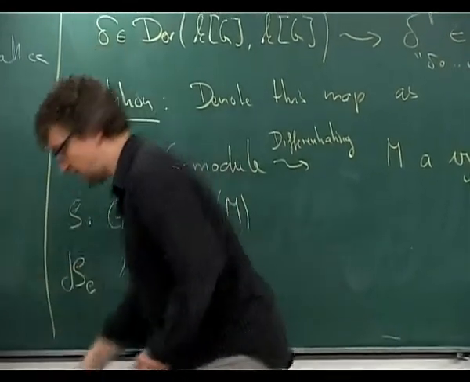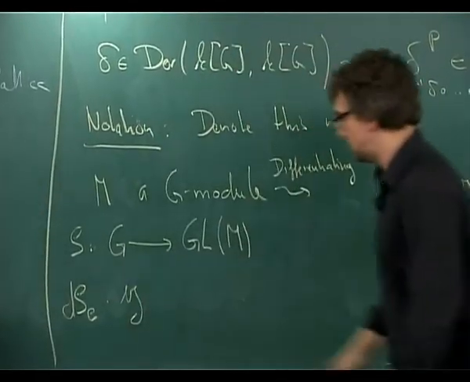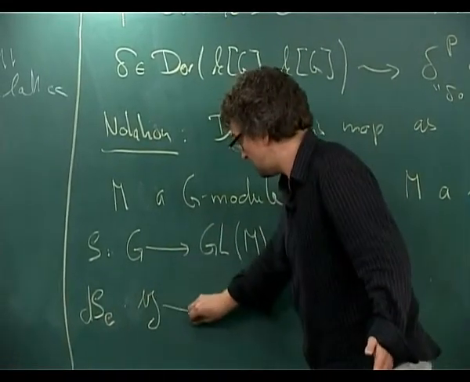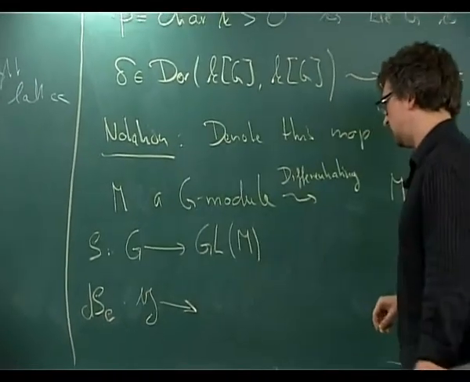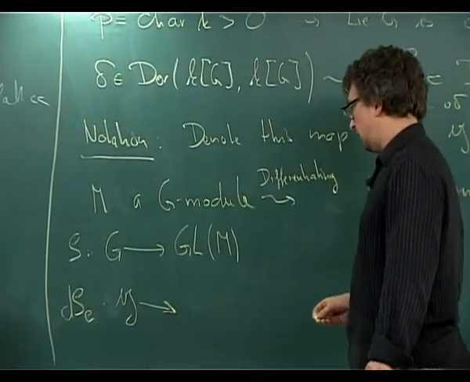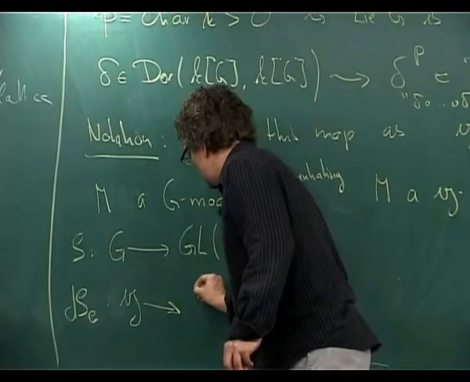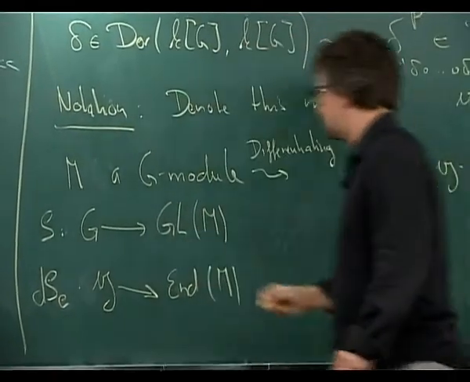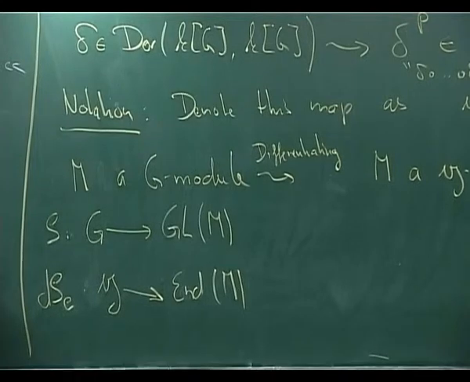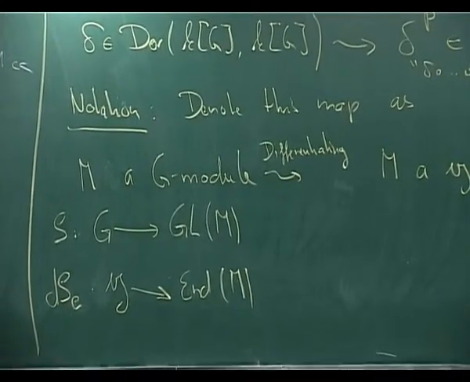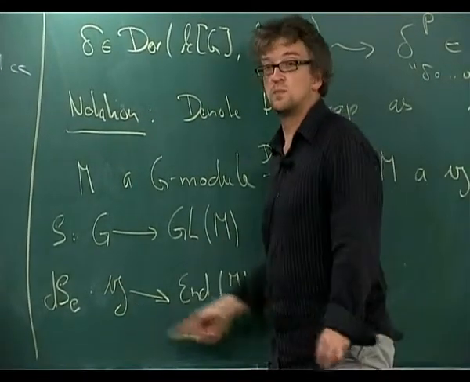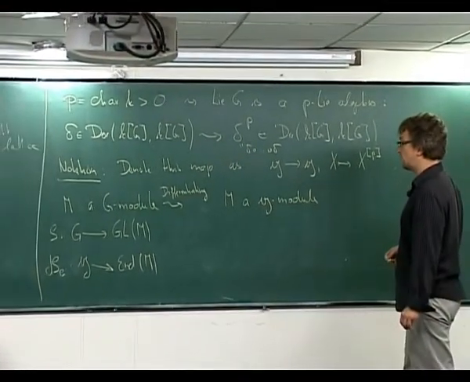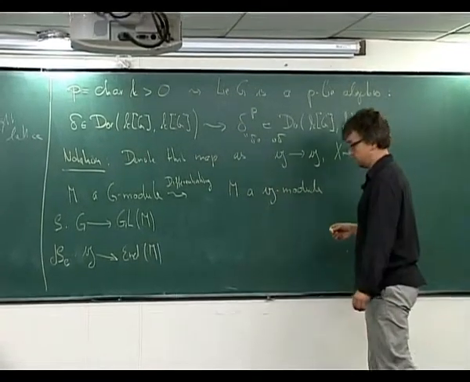Left invariant vector fields can be identified with the elements of the tangent space at any point, for example the neutral element in the group. This goes into the endomorphisms of M, which is the tangent space of GL(M) at the identity matrix. This yields a homomorphism of Lie algebras, and so M acquires the structure of a module for the Lie algebra.